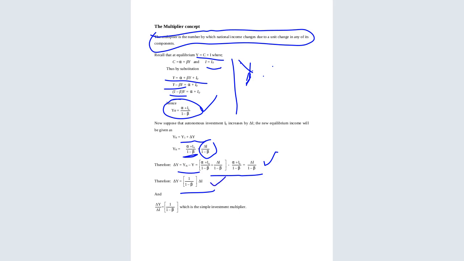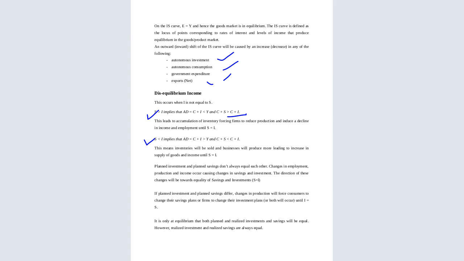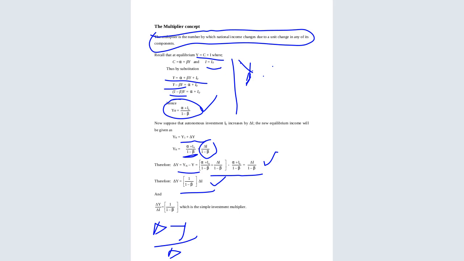The change in income over the change in investment is simply equal to 1 over 1 minus beta. That simply gives you the investment multiplier.